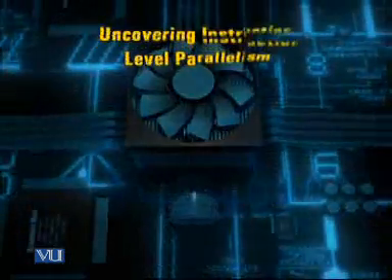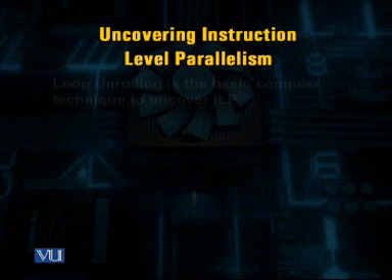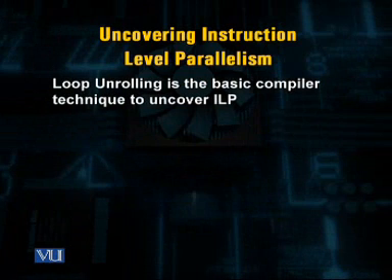Having discussed the detection and enhancing of instruction level parallelism, let us start our discussion on uncovering instruction level parallelism. We have already discussed loop unrolling as the basic compiler technique to uncover instruction level parallelism.